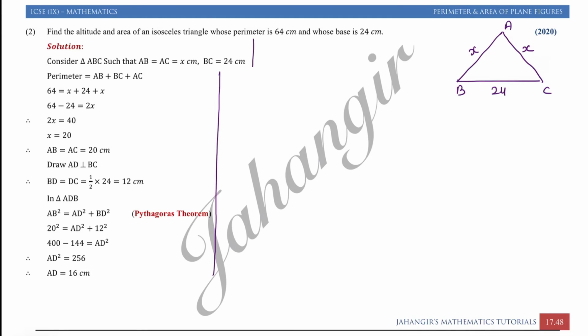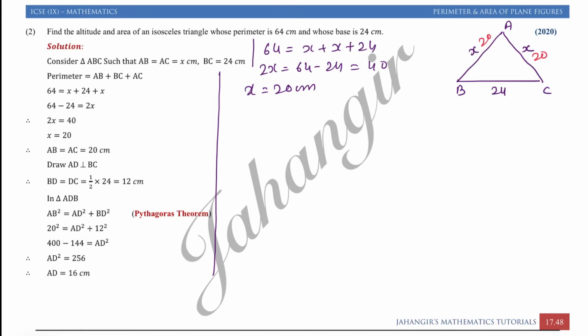So we can say perimeter, that is 64, which is equal to 2x plus 24. So 2x is equal to 64 minus 24, which is 40. So therefore x is 20 centimeter. So we got two equal sides, 20 and 20.